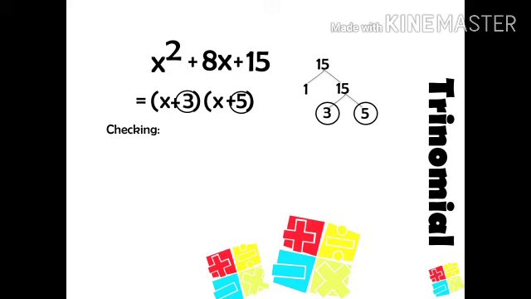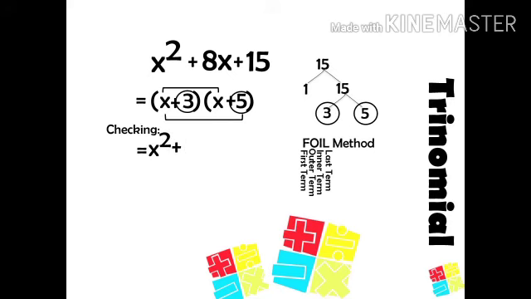Then for checking, I will be using the FOIL method, which stands for first term, outer term, inner term, and last term. What we're going to do here is we multiply the first term, outer term, inner, and last term. First term first. x times x will be equal to x squared.